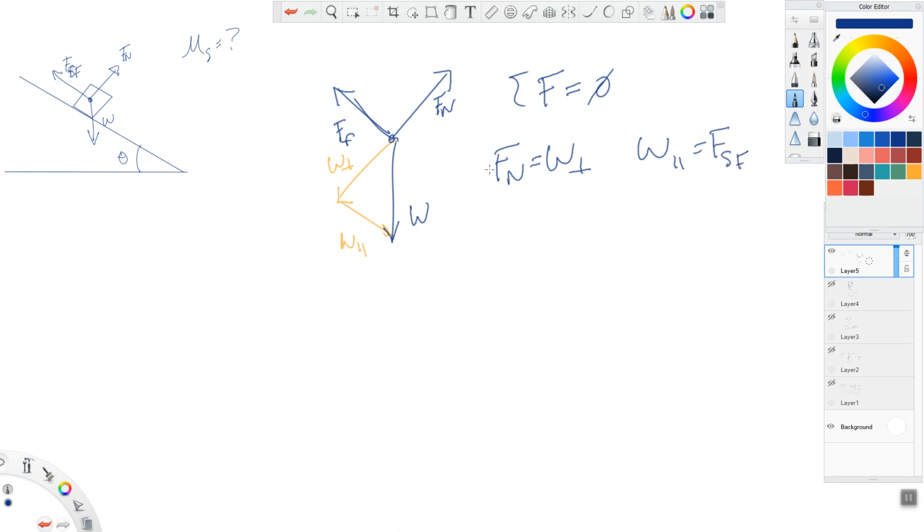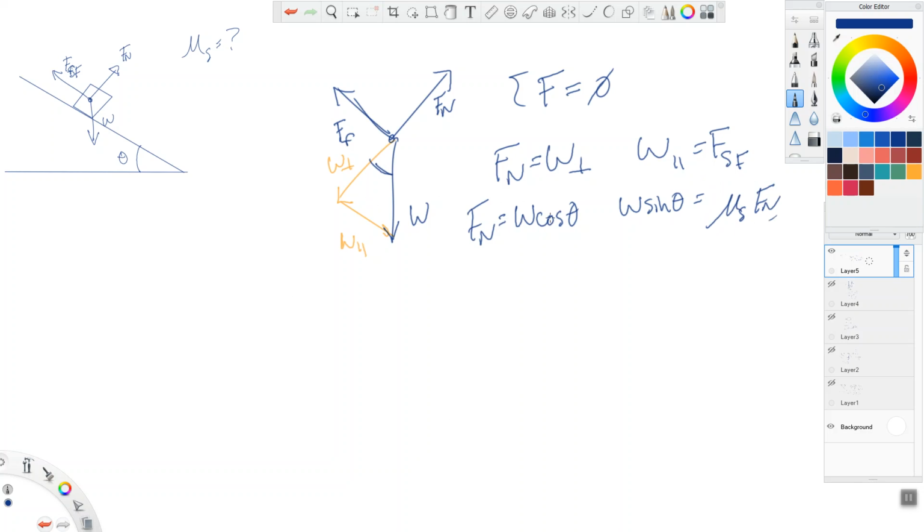Weight perpendicular is going to be weight cosine theta, and weight parallel is going to be weight sine theta. And static frictional force I'm going to rewrite as mu sub s times normal force. You might see where I'm going, since I've got normal force over here and normal force over here.